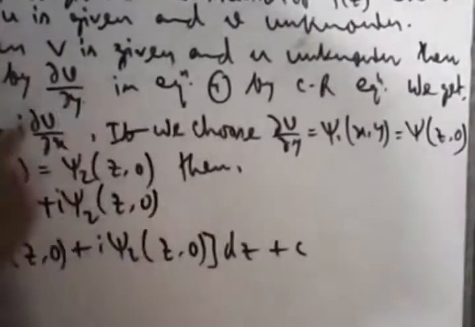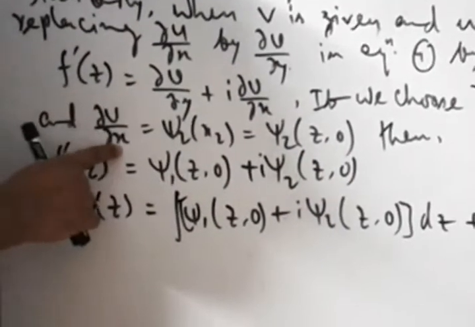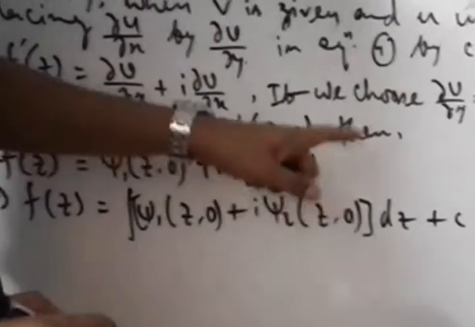If we choose del v by del y is equal to psi 1 of x, y, so it becomes psi 1 of z, 0, since x is equal to z and y is equal to 0. Here psi 1 is a function of x, y, and also by replacing del v by del x is equal to psi 2 of x, y, so it becomes psi 2 of z, 0.